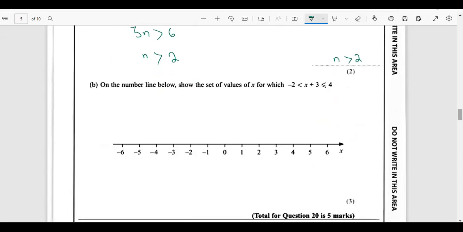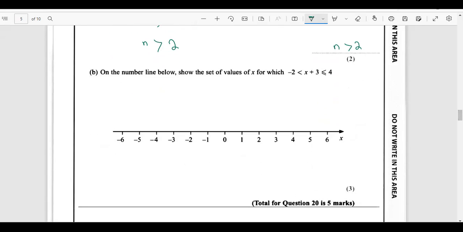All right, this was good. And then it says, on the number line below, show the set of values of x for which this inequality is satisfied. Can you try doing this part?